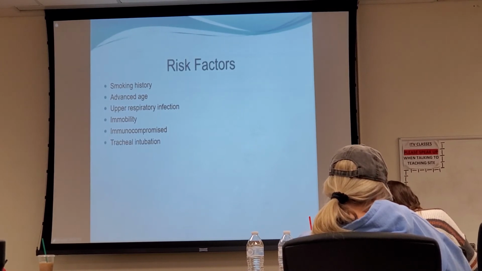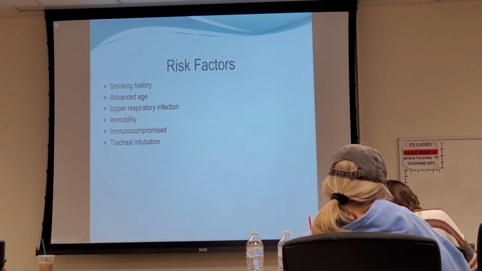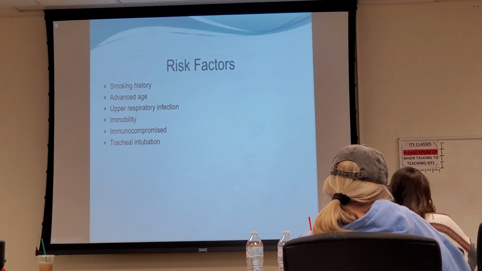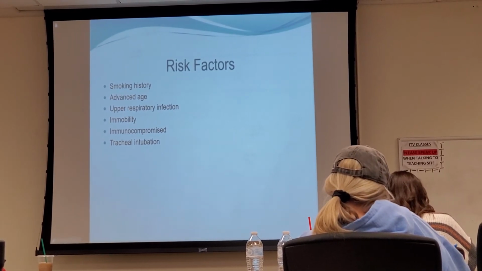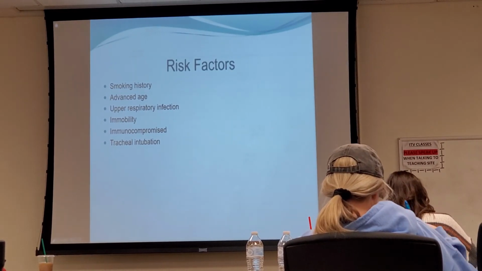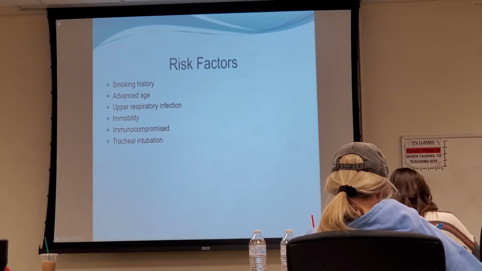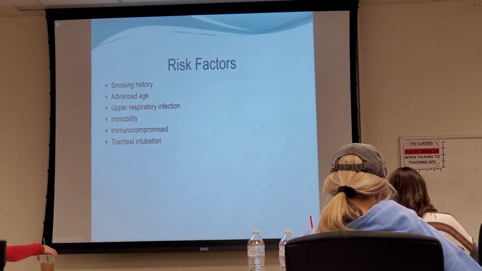Those who have a tube placed past their protection. Remember that airway is lined with mucus to catch invading organisms. So when we place a tube inside the trachea and inflate that cuff, our oral secretions accumulate around the top of that balloon.